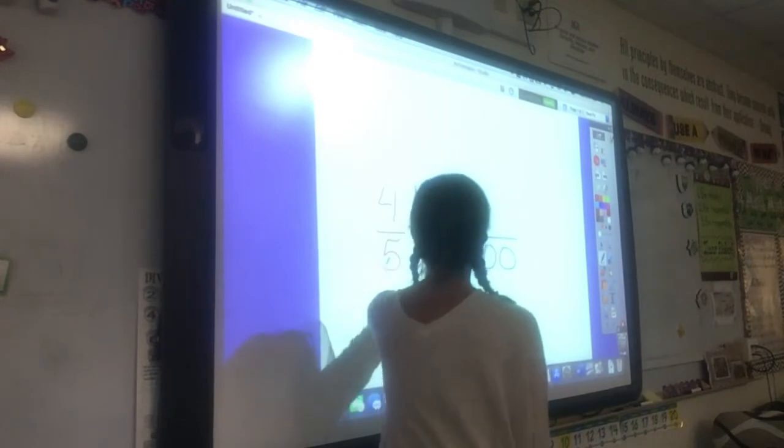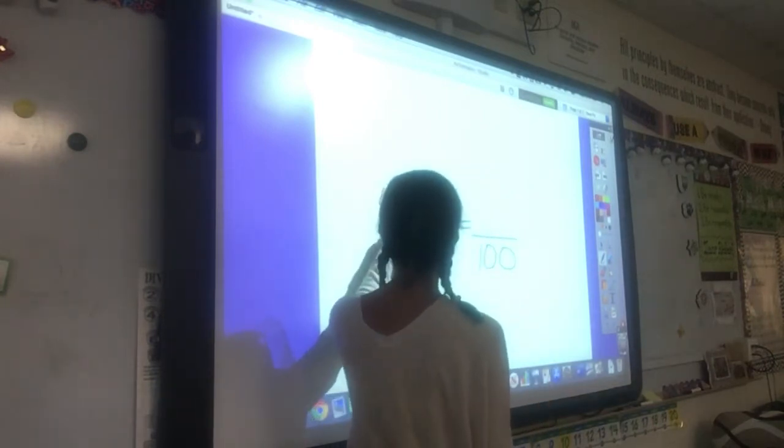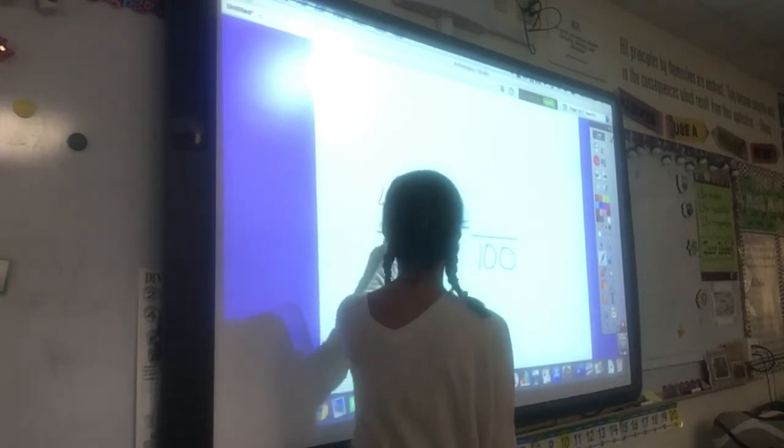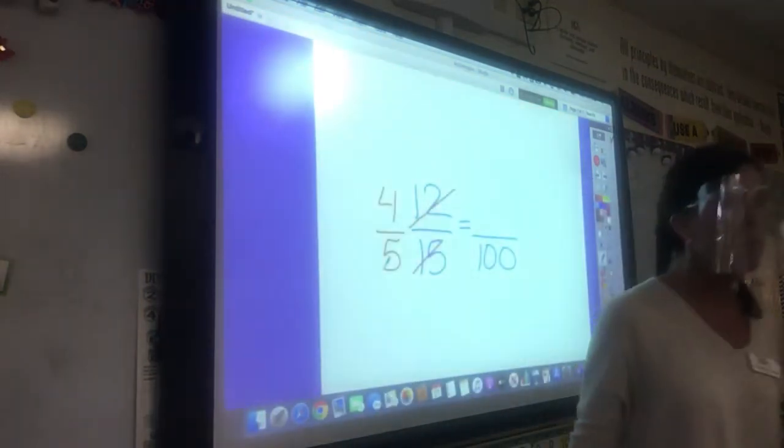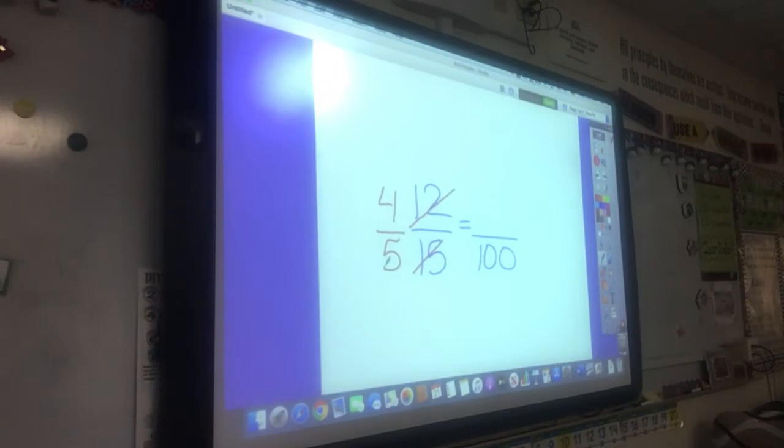Make sure you slash these two too, because when you go to multiply you don't want to multiply by those, you're going to multiply by this. What do you do to go from 5 to 100? The same thing needs to happen on the top. So what would we multiply 5 by to get 100? Alexa? 25. Not 25, that's times 4.